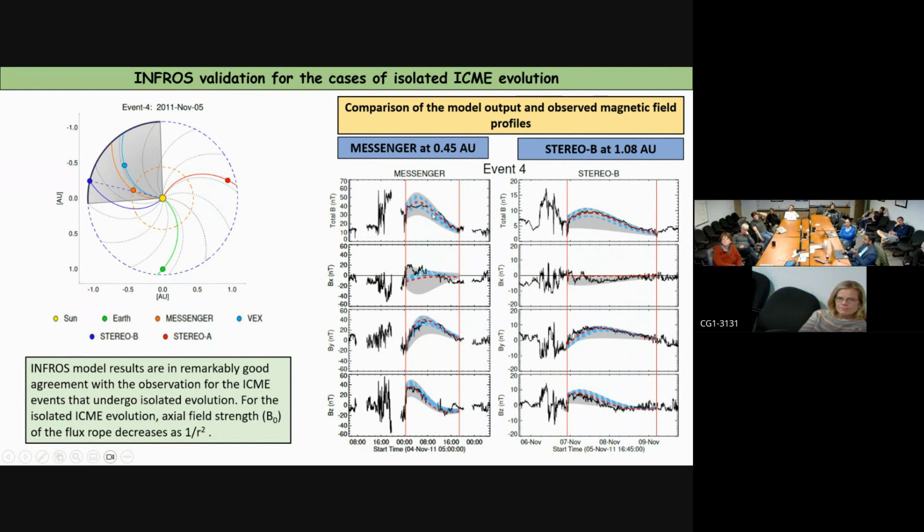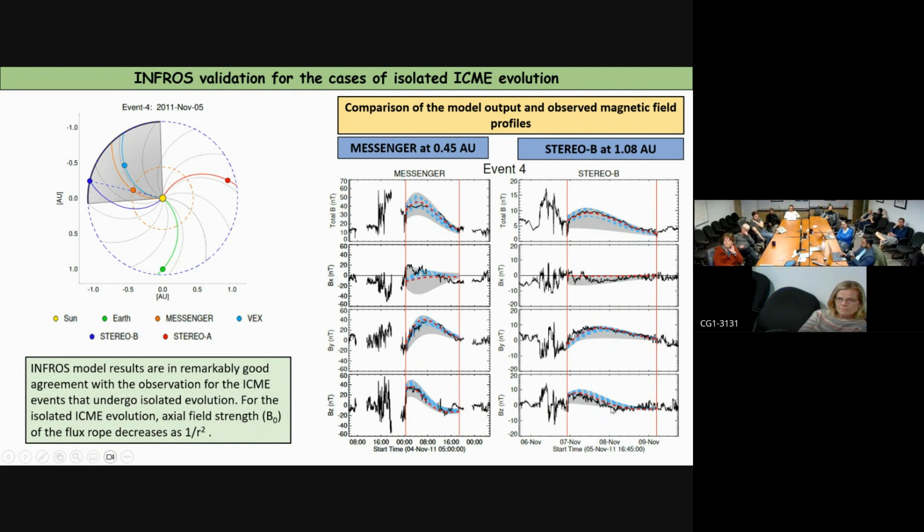I have taken the ensemble model results that best fitted the inner spacecraft observation by minimizing the root mean square error in By and Bz and also in the total B, which gives these red dashed lines. If we propagate this red dashed line using 1 by r square, that is the self-similar expansion, we see there is a very nice match at the outer spacecraft.